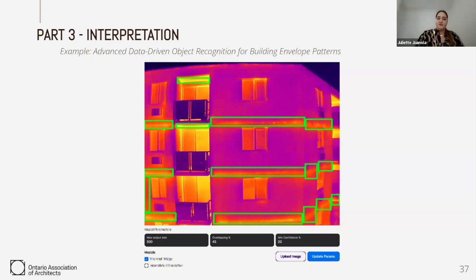The other interesting parameter is that this type of model has the ability to process about 50 images in half a second. So this is really hard to beat by a human analyst.